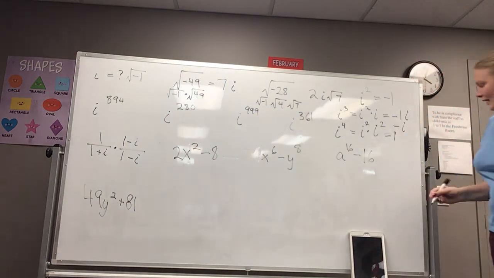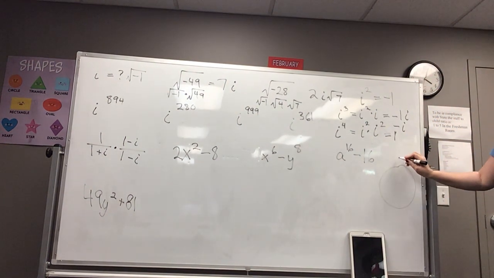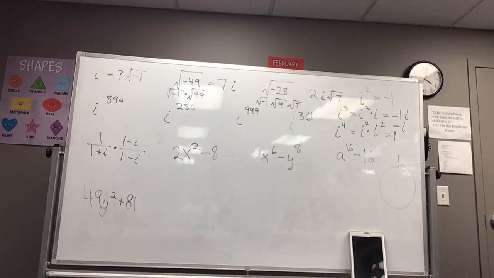And so I think of it as a clock. It starts at 1. If we have anything to the 0 power, the 4th power, the 8th power, 12th power, any multiple of 4, it's going to go to 1. If we have 1 or 5, or 8 plus 1 is 9, 12 plus 1 is 13, we have just i.